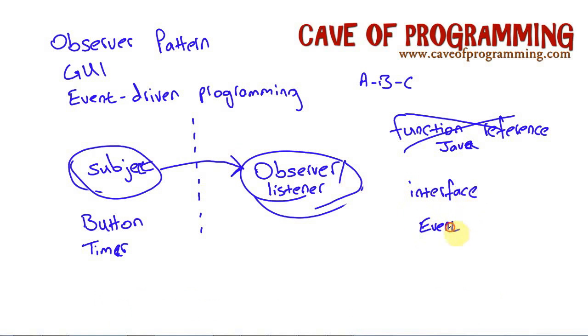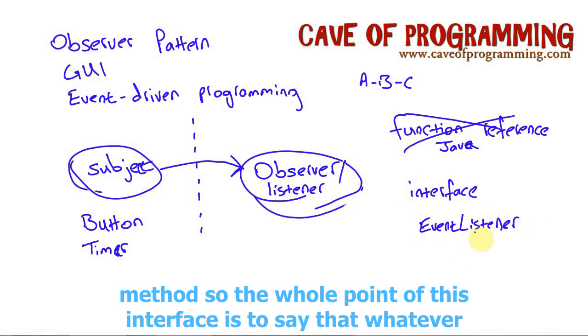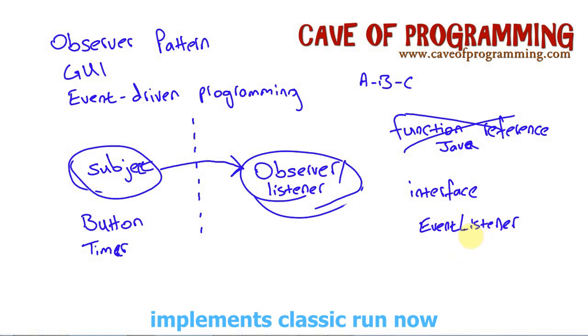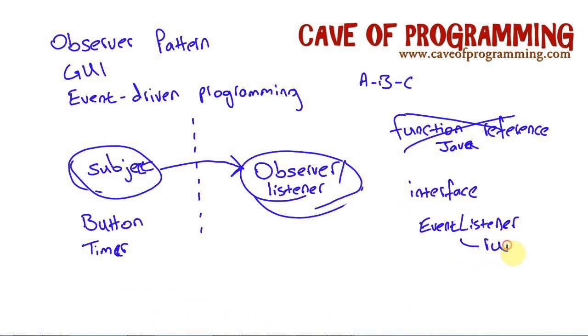It could be called event listener, and that interface specifies one method. So the whole point of this interface is to say that whatever implements it, the class that implements it, must have one particular method. Let's say it's called run.